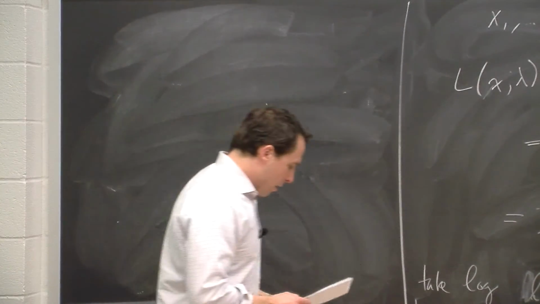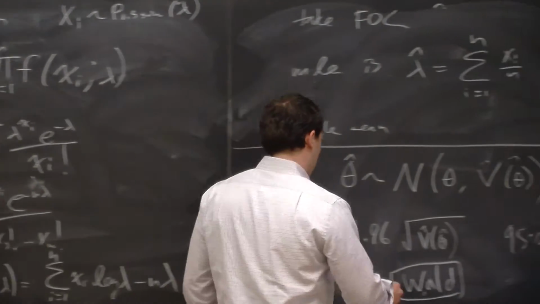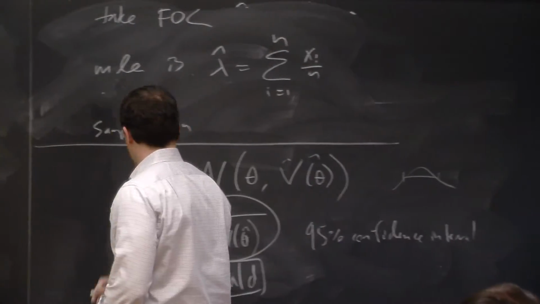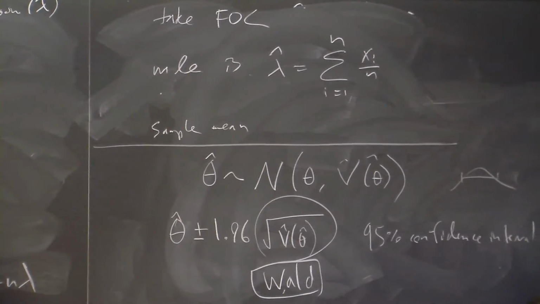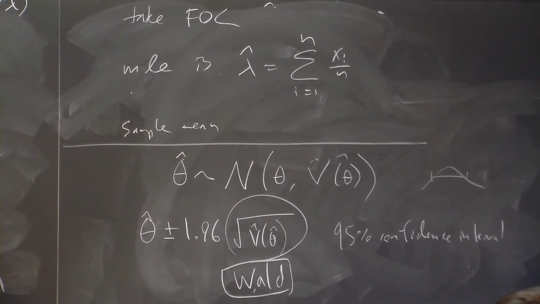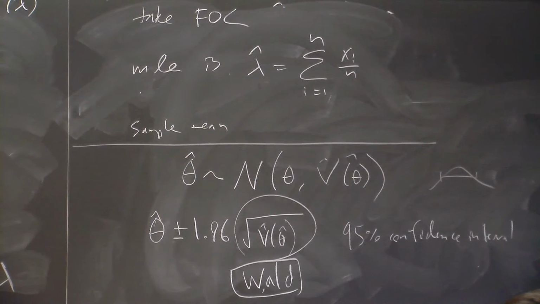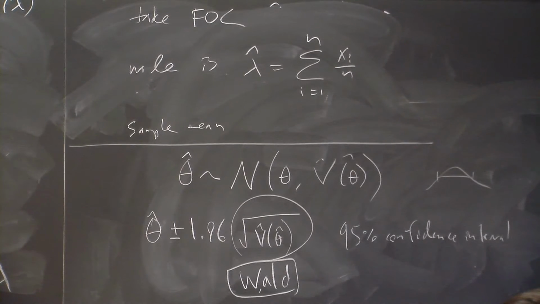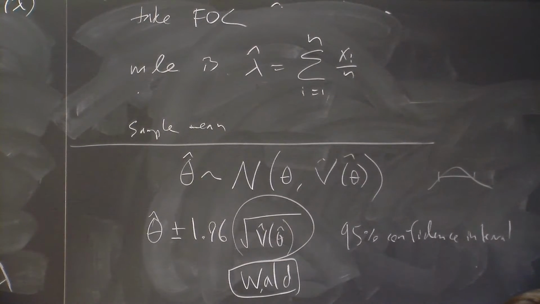So this has this quantity here, which is the variance, not of the random variable, but the variance of the maximum likelihood estimator as a random variable. So it's the spread of that curve that lies over the true value.